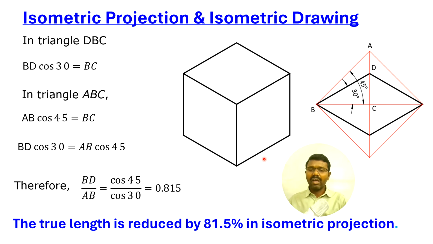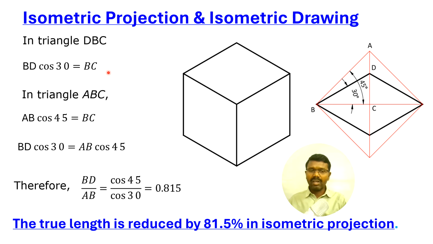So we need to see how much the length is reduced because of the orientation. We need to observe two triangles. The first triangle is BDC. From triangle BDC, BD cos 30 is equal to BC. And if you consider the initial triangle ABC, because this angle is 45 degrees, AB cos 45 is equal to BC.